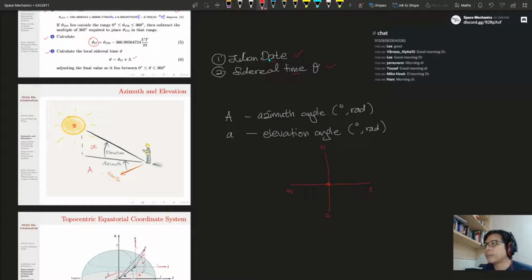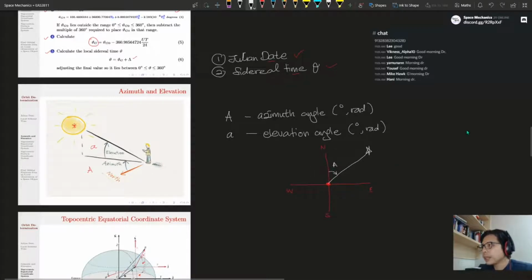You saw something in the sky here. The azimuth angle would be the angle from north to the position of that celestial object. It has to be in clockwise direction. This is the azimuth angle.